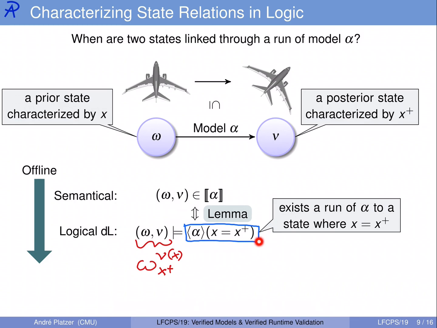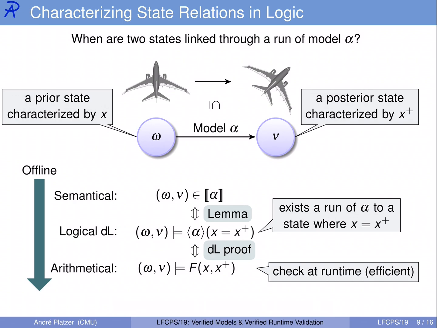So the proof will fail, and usually when a proof doesn't succeed, you end up with long faces. In this case, no, you say, well, that's brilliant, because whatever simple arithmetic logical formulas come out of the proof, having run over it at the end of the day, they will still talk about the old and the new variables, and if we cannot prove them, we check them at runtime.